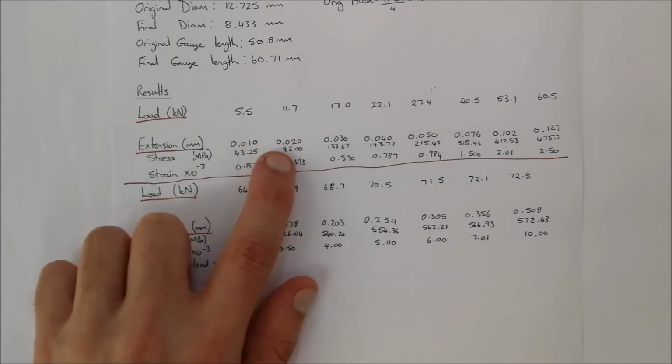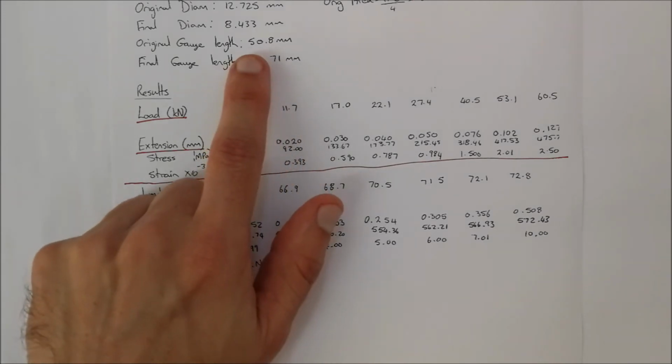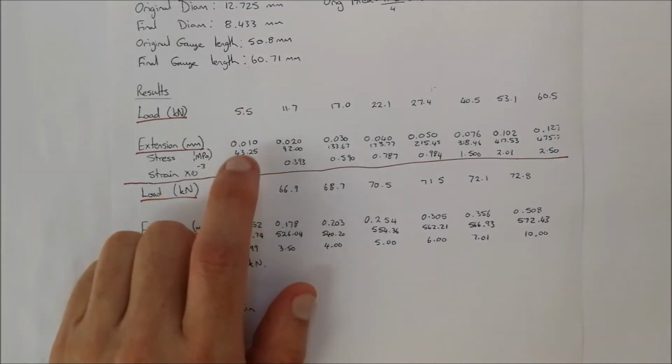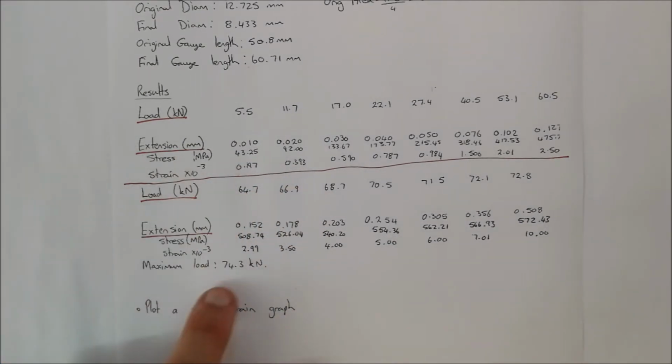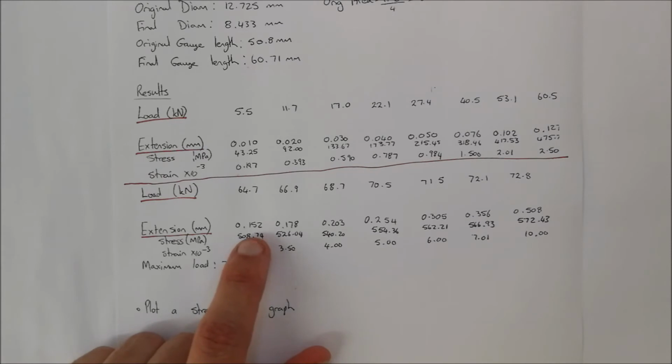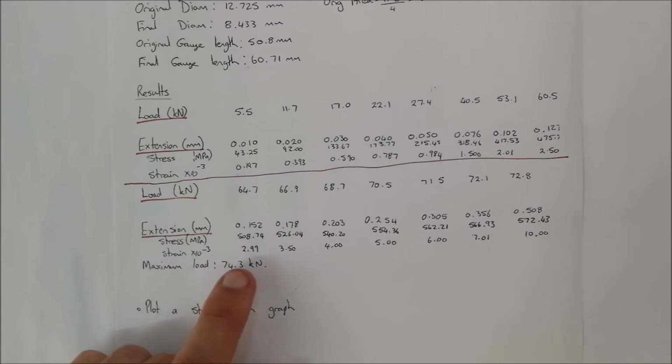Again, if we look at over here where we have an extension of 0.02, we divide that by 50.8 millimeters and we get a value of 0.393. Again, if we come down over here, we would see this extension of 0.152 millimeters. We divide that by the 50.8 and we will get a value of 2.99.